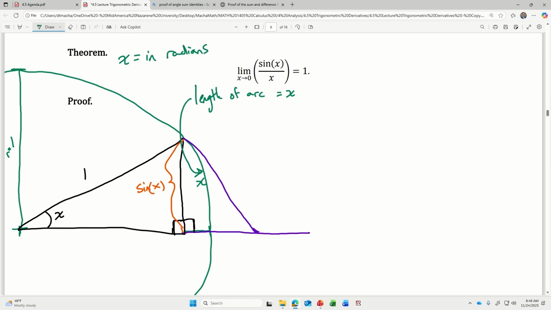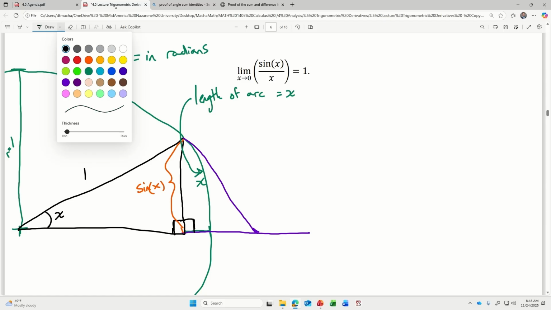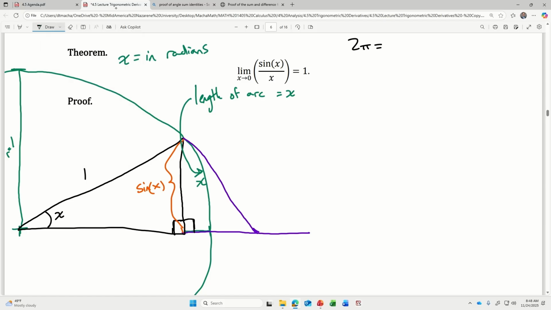That's just the definition of what it means to measure an angle in radians. Because 2 pi radians is a full circle.